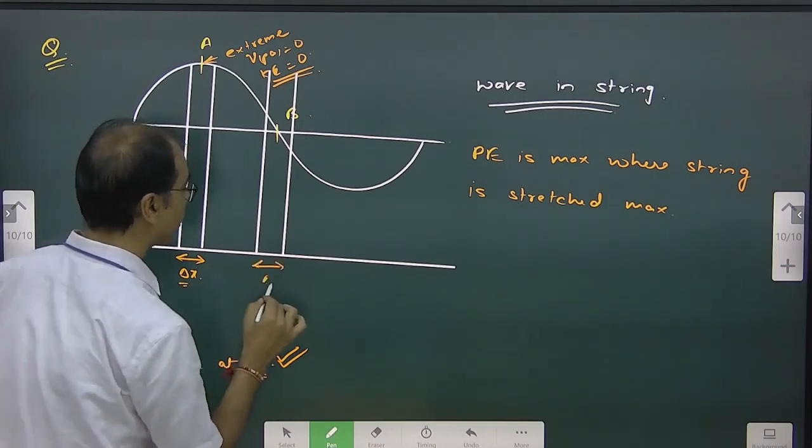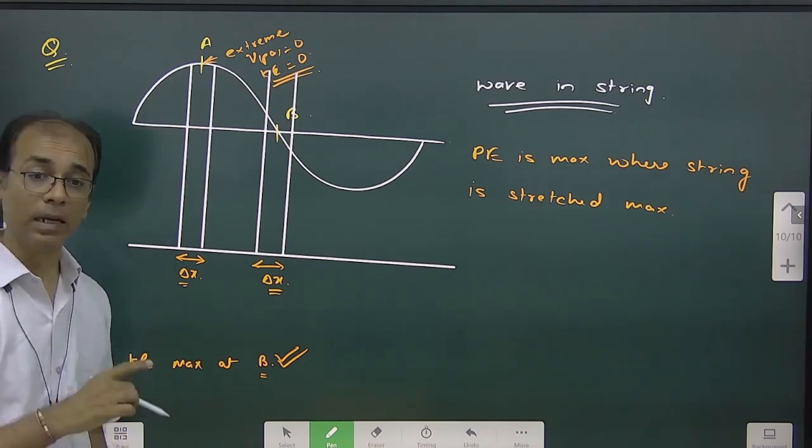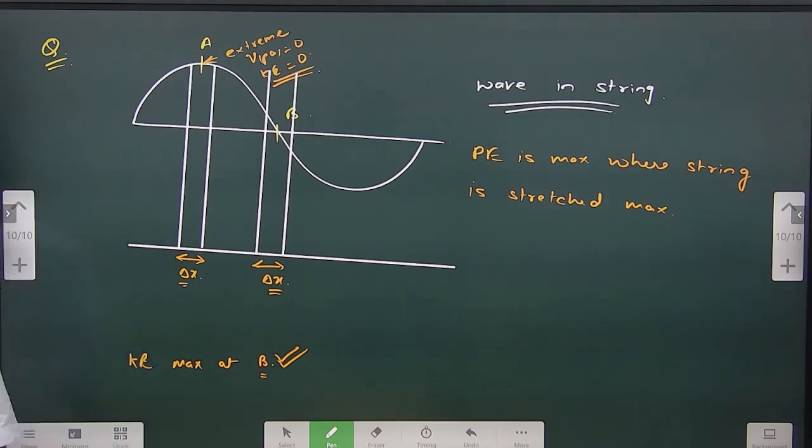Now you tell me, in both delta x, in which one length of string is more, at point A or point B?